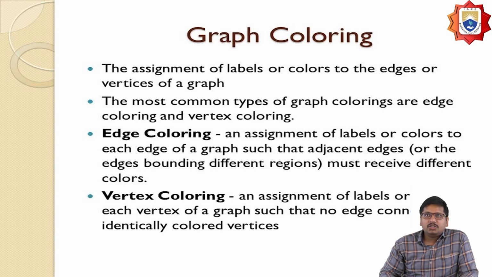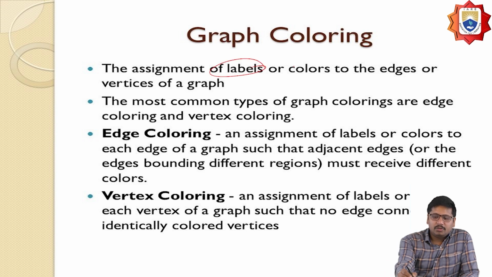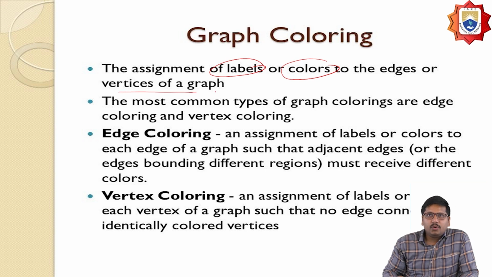So graph coloring can be done on different types of graphs, like directed graphs as well as undirected graphs. The assignment of labels and colors to the edges and vertices of the graph is called graph coloring. There are two most common types: edge coloring and vertex coloring.